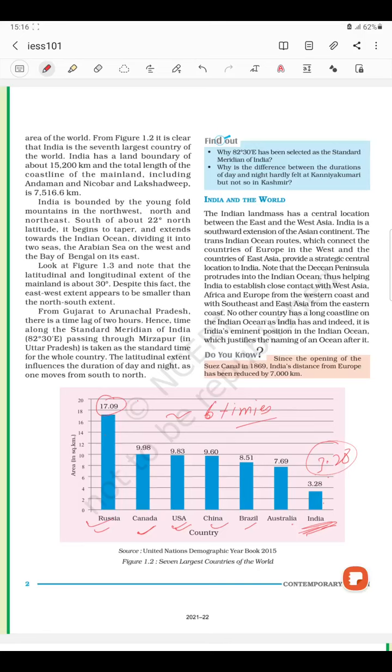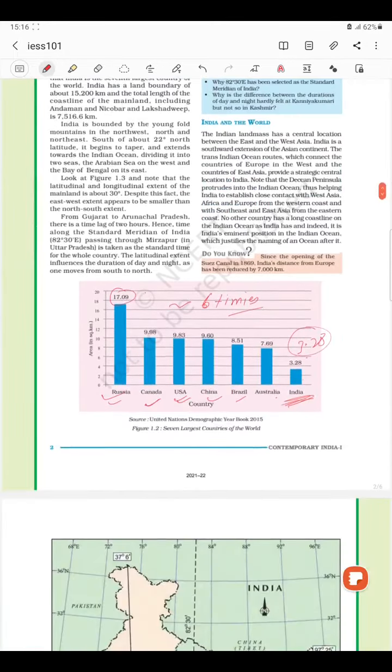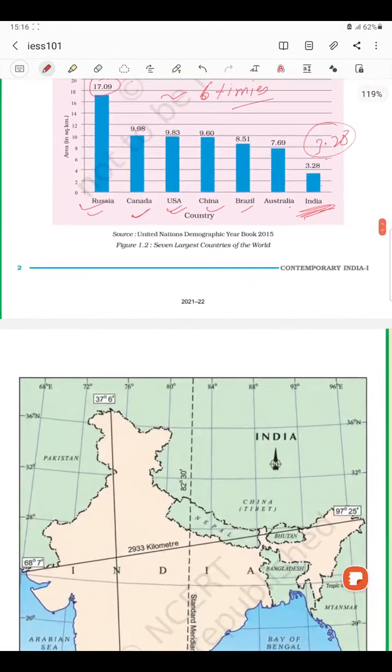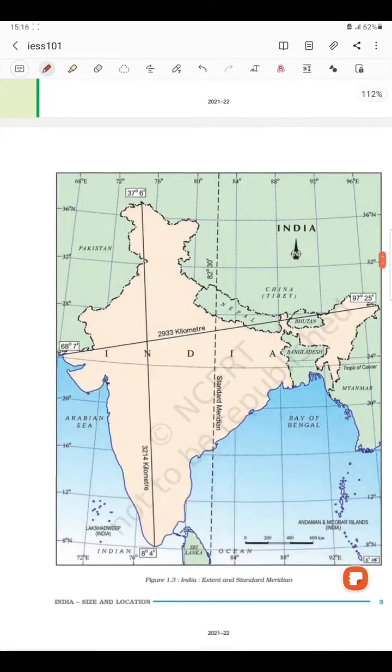So this is clear. Now just note, India's land boundary is around 15,200 kilometers.